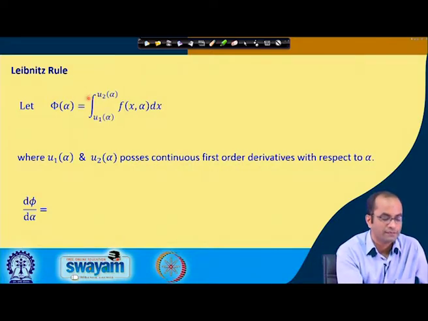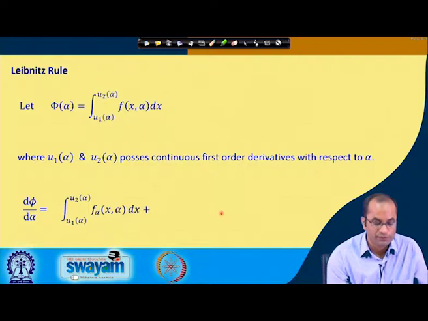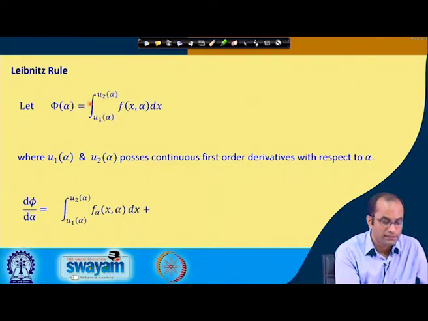The d over d alpha will go into the integral, and we will have the partial derivative of f(x, alpha) with respect to alpha, because there are two variables here. Then there will be some more terms.